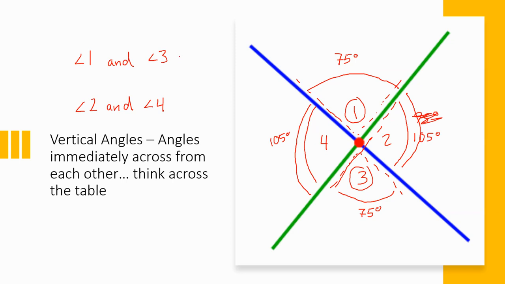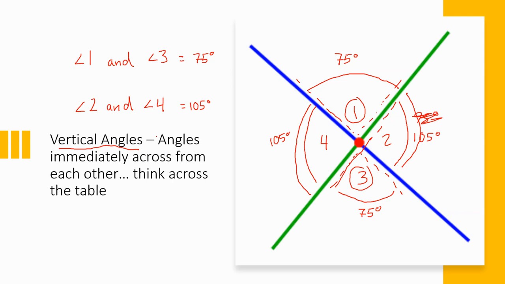Notice that angle 1 and 3 are the same measurements. They're both 75 degrees. Angle 2 and angle 4 are the same measurements. They're both 105 degrees. So vertical angles are also equal to each other. The partners that are across from each other at an intersection form the exact same angles on the other side.